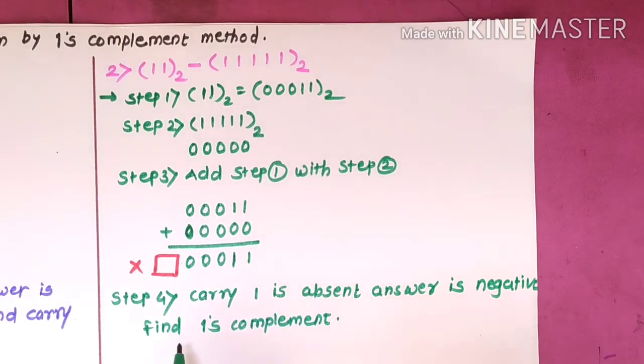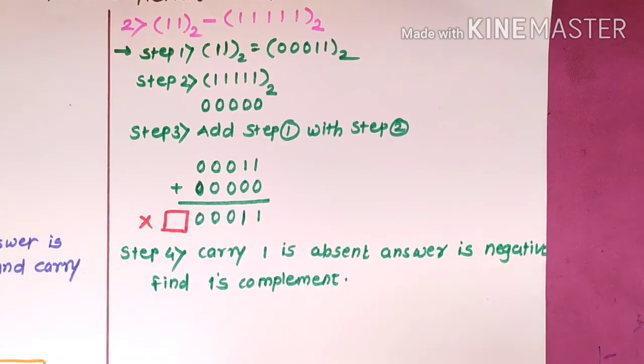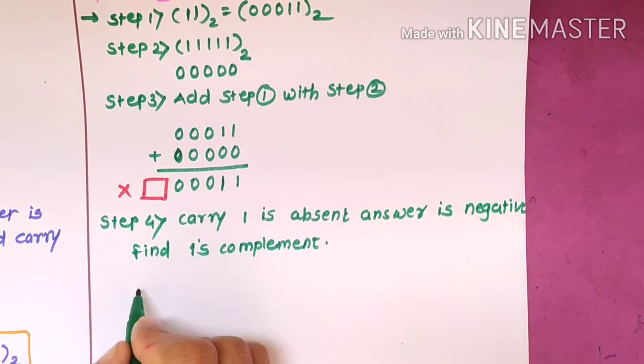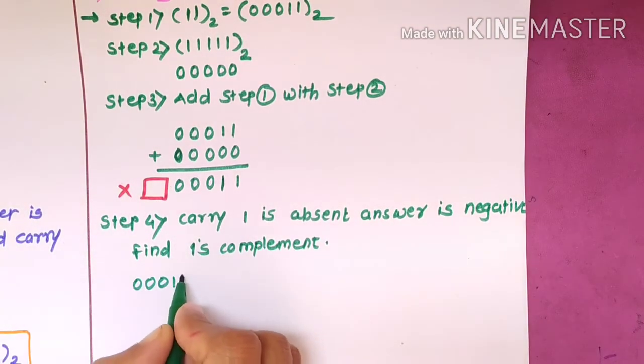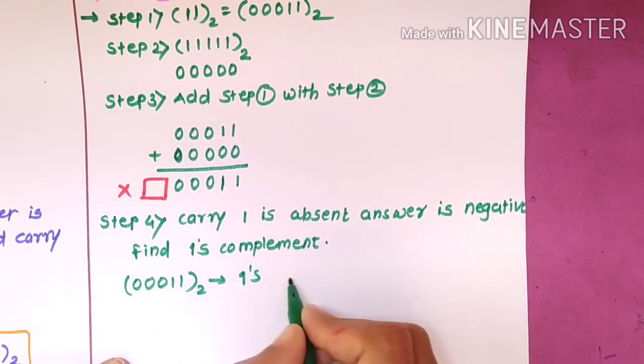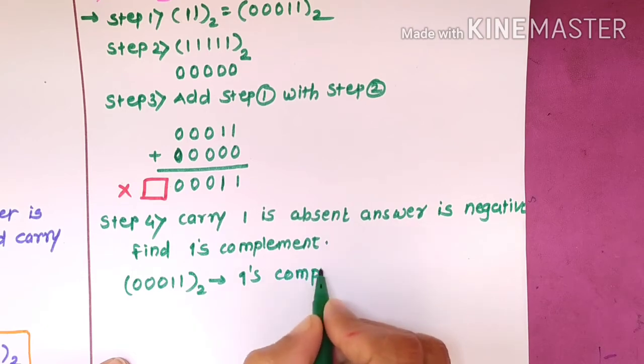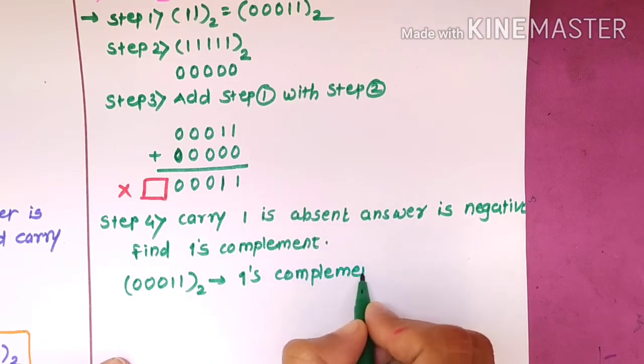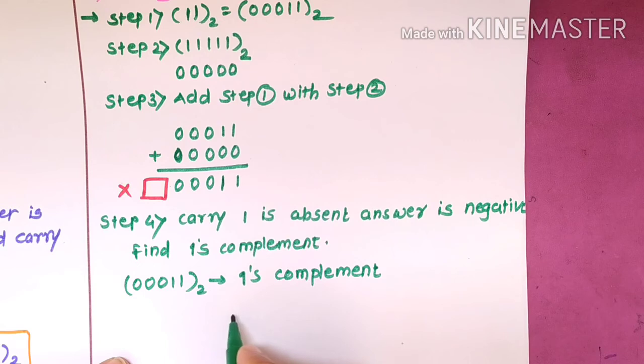Okay. So the answer is 0, 0, 0, 1, 1. And its one's complement will be 1, 1, 1, 0, 0. Okay.